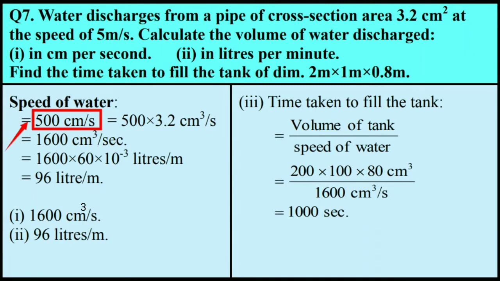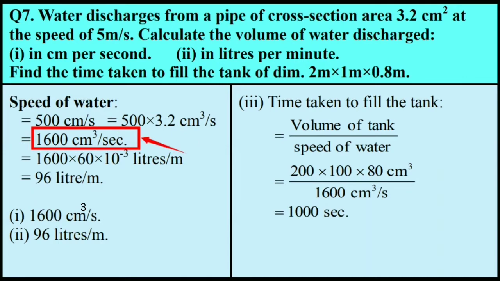According to the question, the speed of water is 5 meters per second or 500 centimeter per second. In this expression, the volume of water discharges per second is 500, that is the length of the water flows out, multiplied by 3.2, that is the area of the cross section of the pipe.